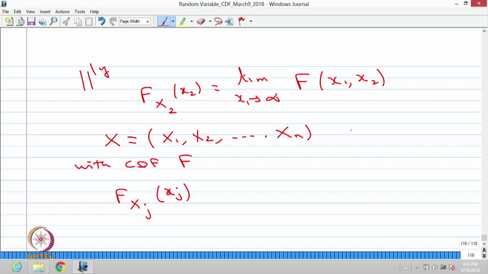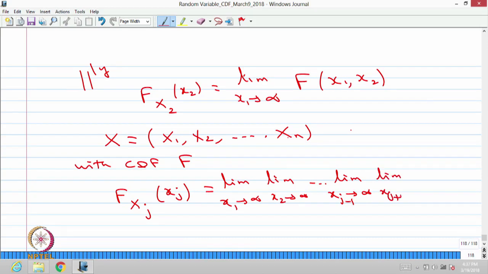I assume that j is between 1 and n. That is the limit as x1 tends to infinity, the limit as x2 tends to infinity, and so on, up to the limit as x_{j-1} tends to infinity, the limit as x_{j+1} tends to infinity, and so on, the limit as xn tends to infinity of capital F of x1, x2, ..., xn.